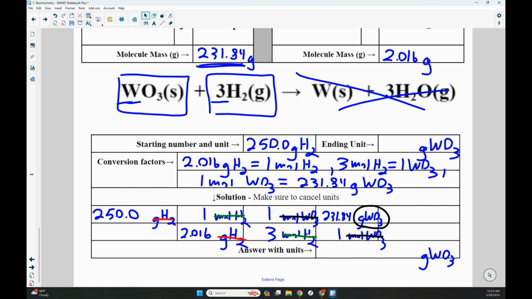So one more time, it's 250 times 231.84 divided by 2.016 divided by 3, enter, and we're going to get a fairly large number here, 9,583.3. And we're not too worried about how you're rounding here. We'll specify that on the quizzes and tests.